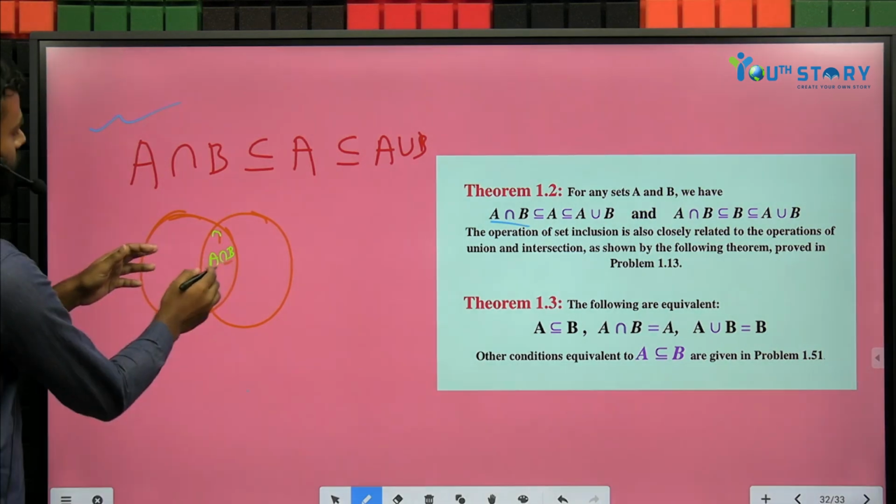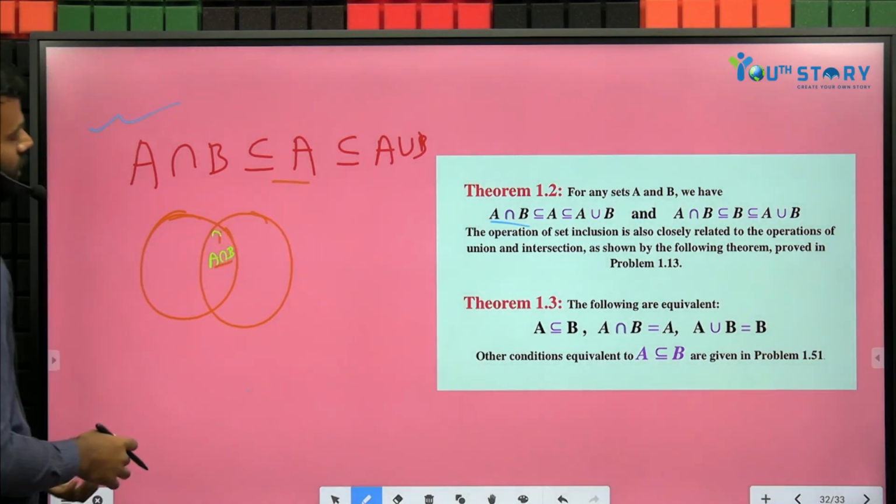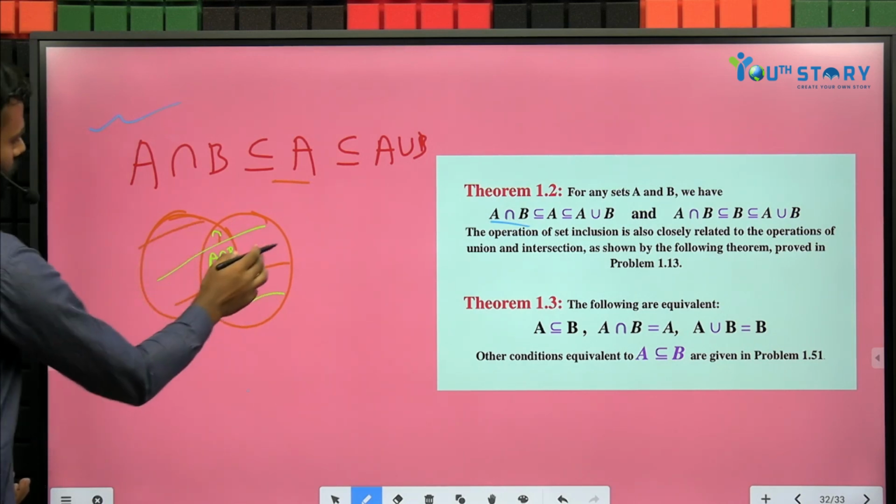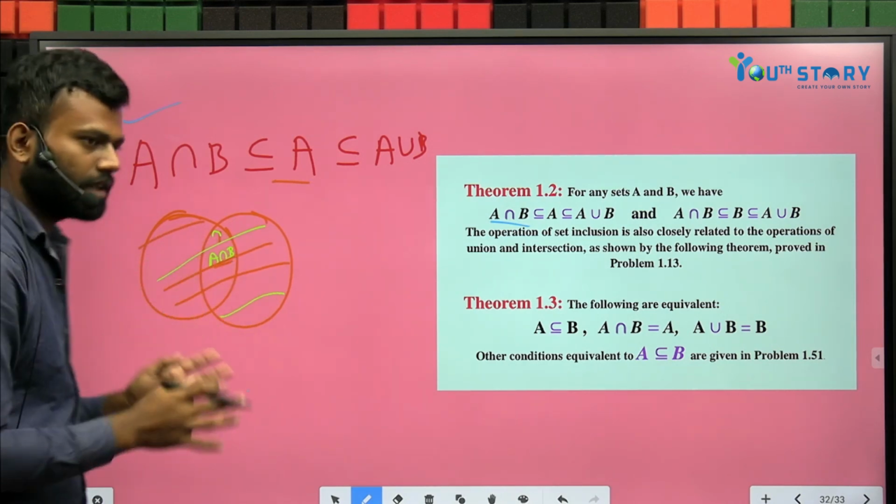So A intersection B is a subset of A, and A union B means the whole part of the two circles.